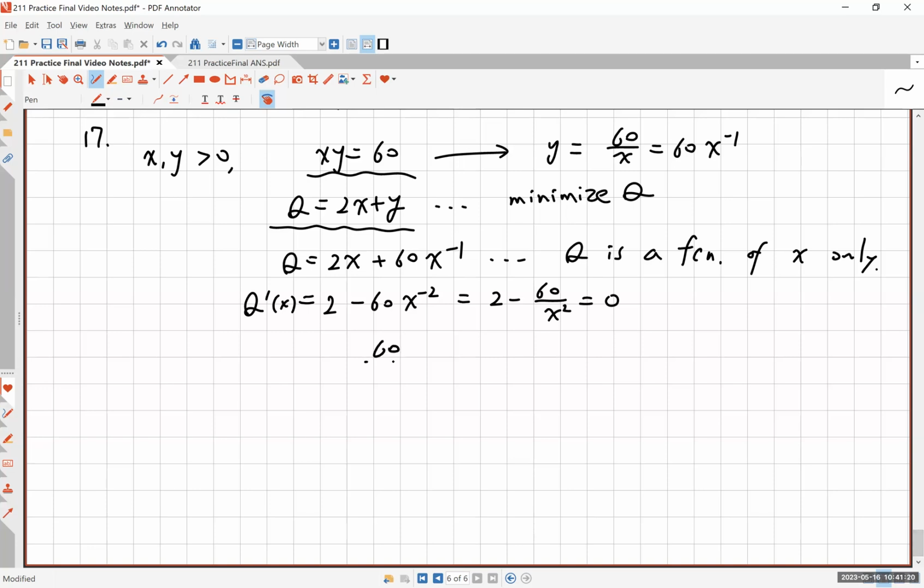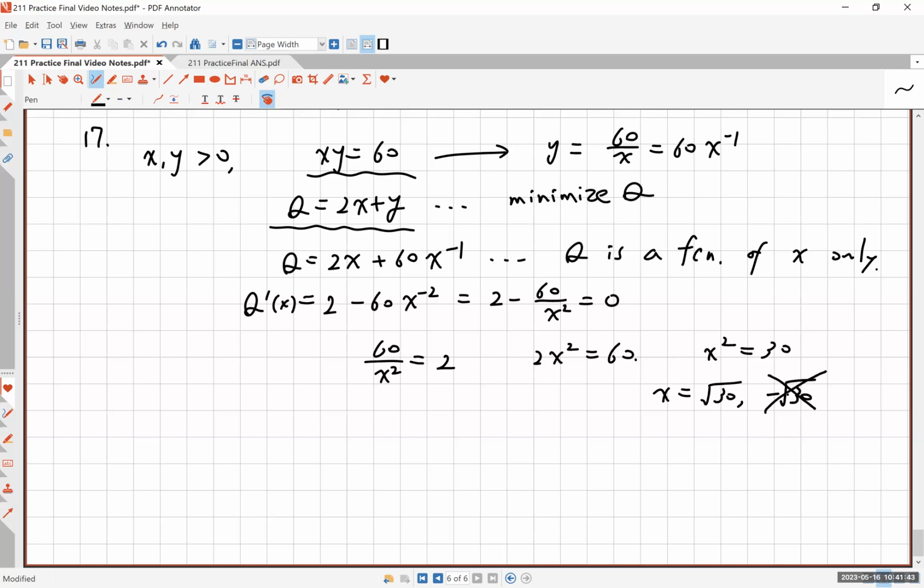So now 60 over x squared is equal to 2, of course. And that means 2x squared is 60. X squared is 30. According to this equation, x is square root of 30 or negative square root of 30.